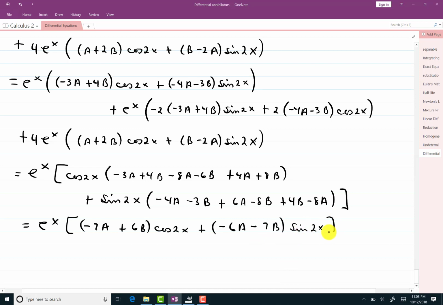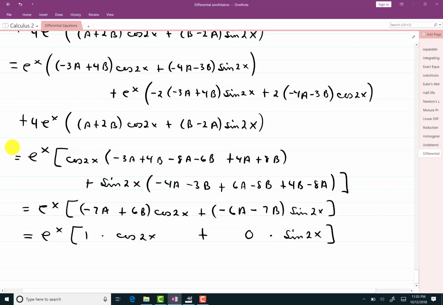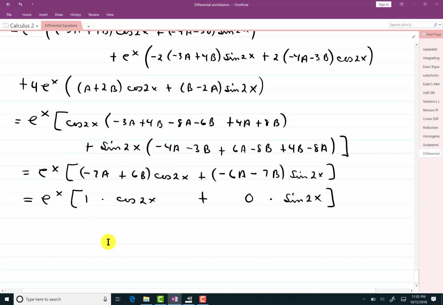And remember, all of this was supposed to turn out to be equal to e to the x times 1 times cosine of 2x. Of course, that means that there was a 0 in front of sine of 2x. So let's set them up. I have negative 7a plus 6b equals 1.